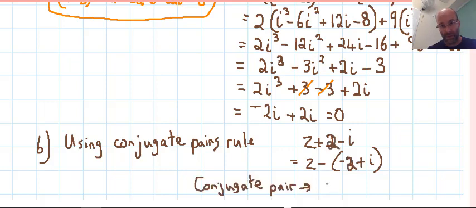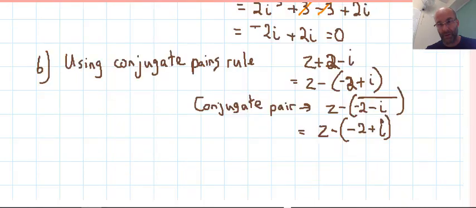To get the conjugate, we're finding the conjugate of this part here, and we have negative 2 minus i in brackets, giving us that, and finally removing the brackets again, z plus 2 minus i. Okay, so the conjugate pair.